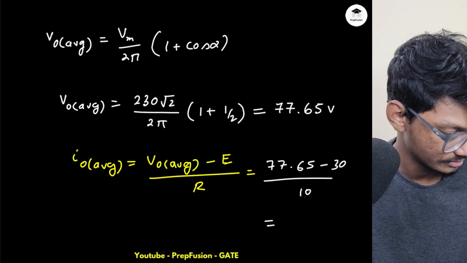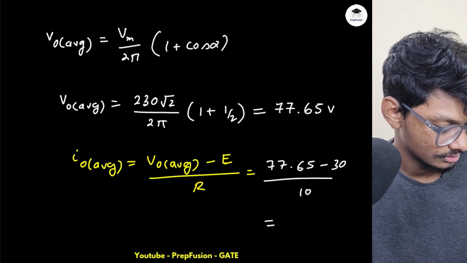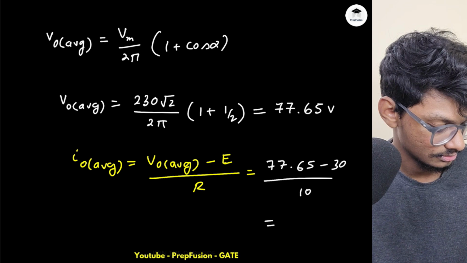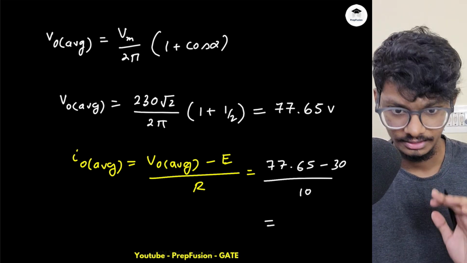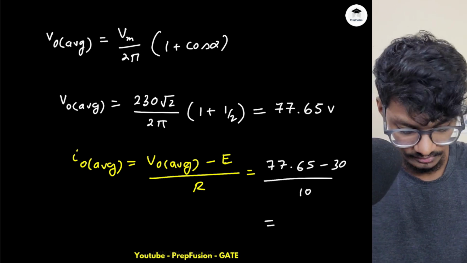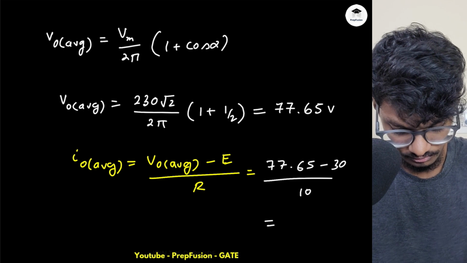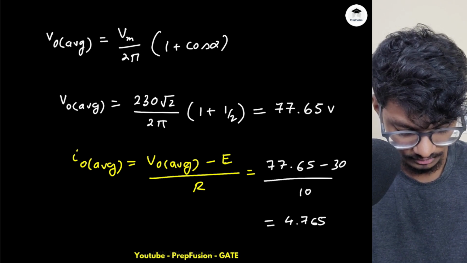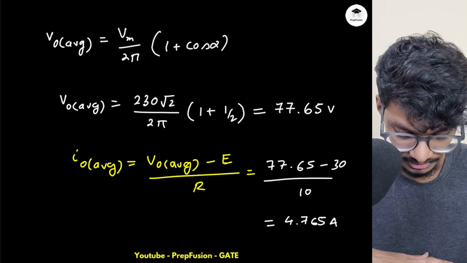Okay, no, I did something wrong. 77.65 minus 30 divided by 10, it will be 4.765 amperes. I will just quickly compute. 4.765 amperes. Okay, so this will be my IO average.